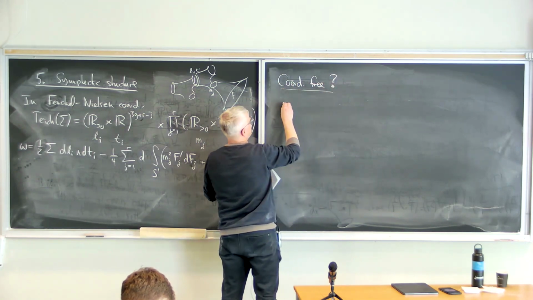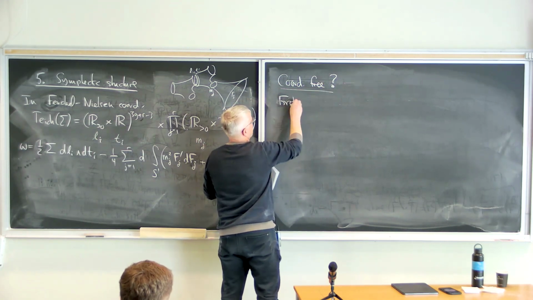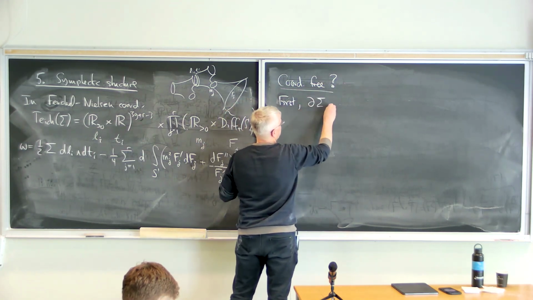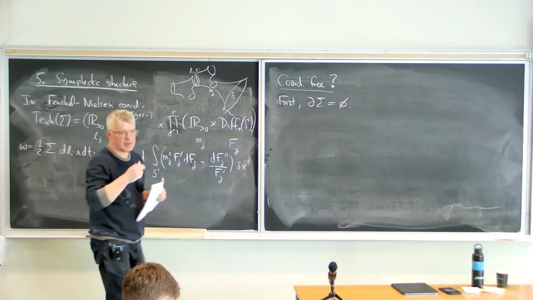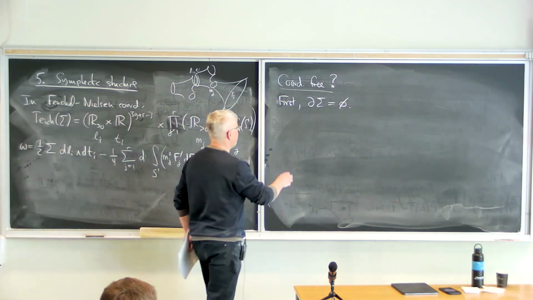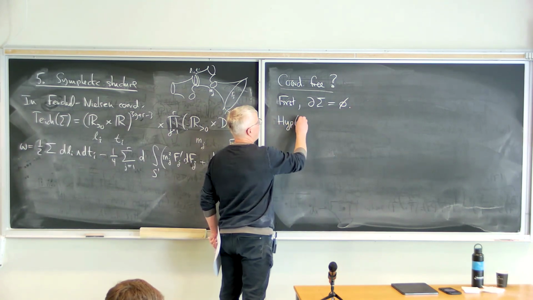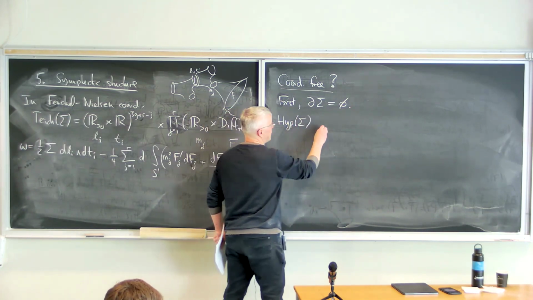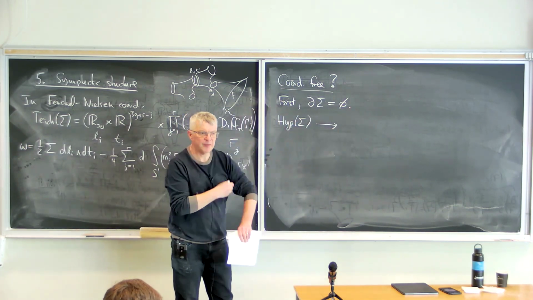So actually, I want to go back to the case. Let's talk a bit about the case where the boundary is empty. No boundary. Then I explained that from every hyperbolic structure, you get a flat principal bundle, you remember.